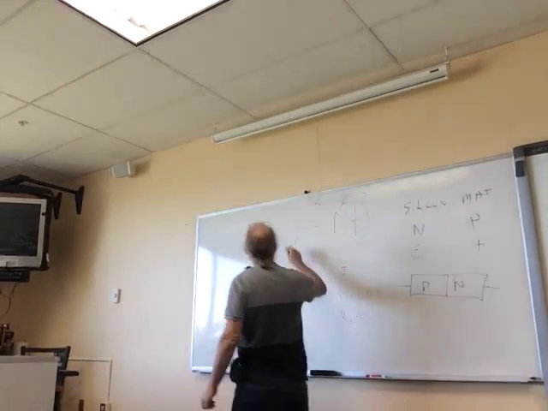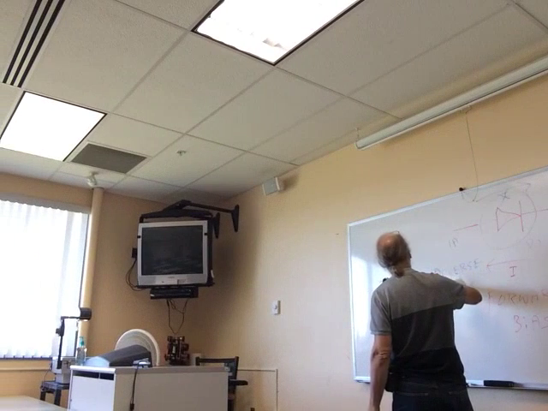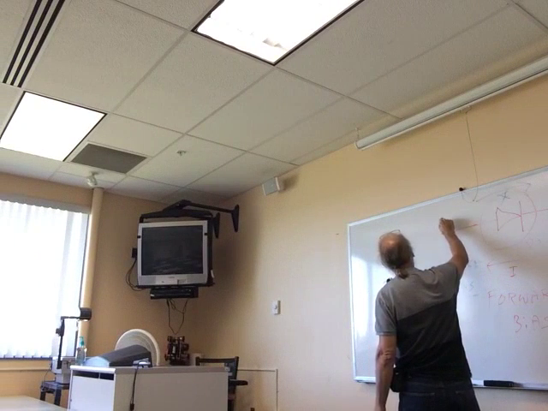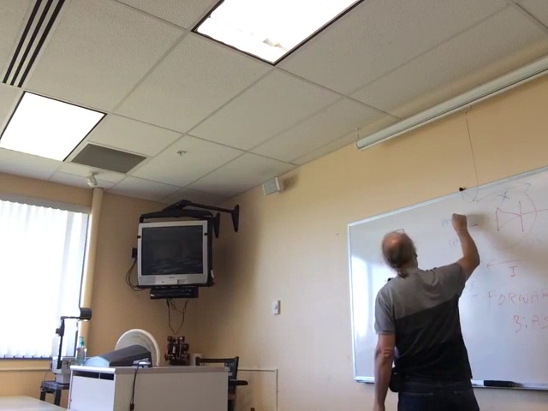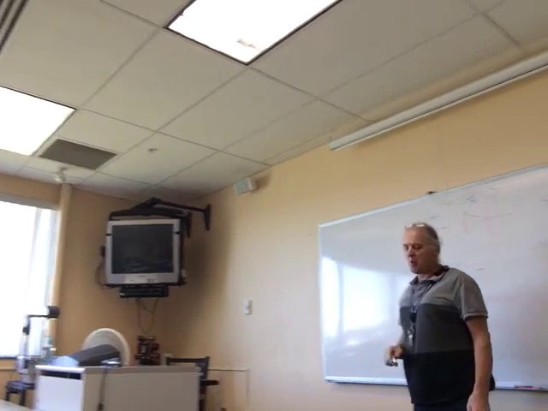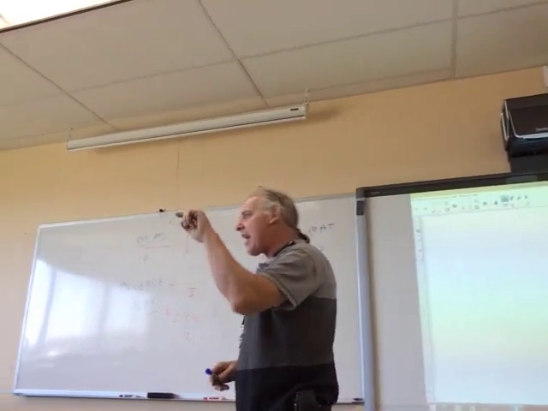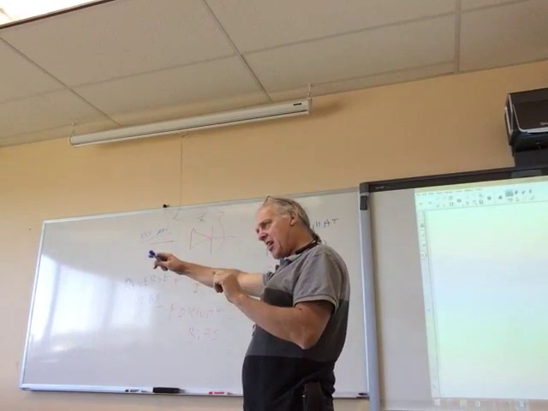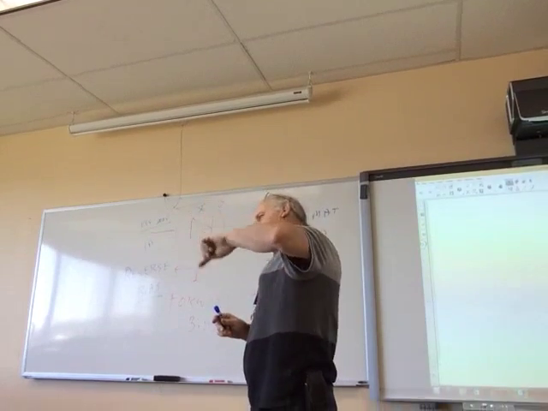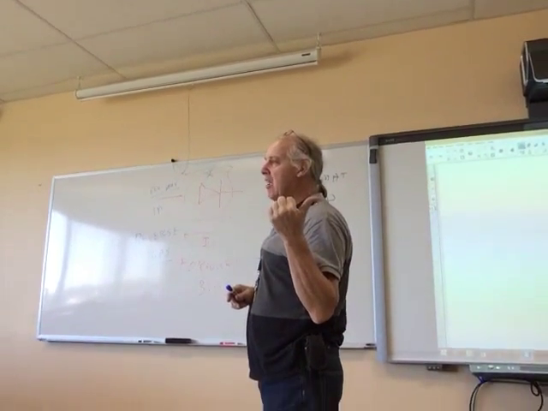But I do care about the reverse bias, so I'm going to say it has a reverse bias of 200 volts. That becomes really important when I build a power supply because I'm going to rectify the AC to DC, and I want to make sure that when it goes in reverse bias, it doesn't destroy the diode, okay?